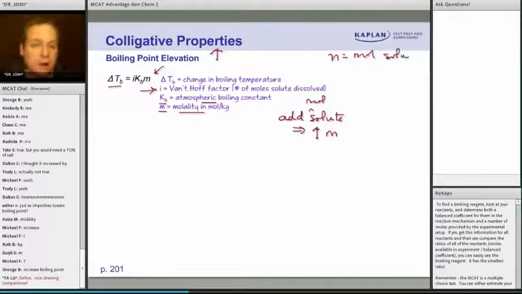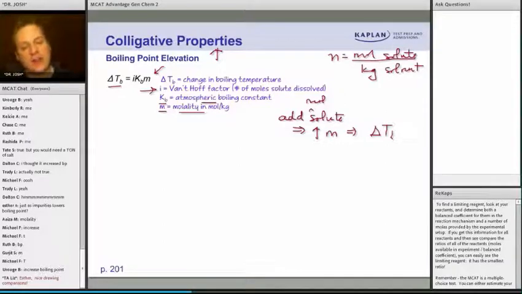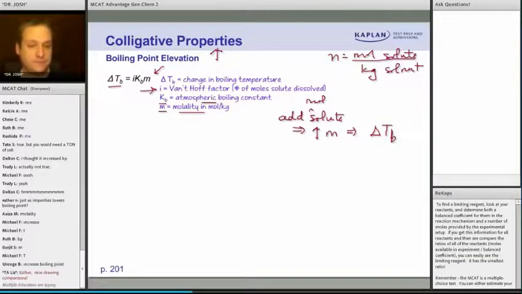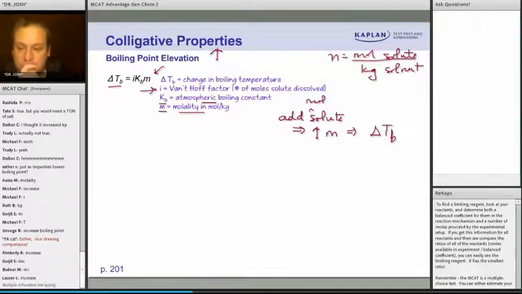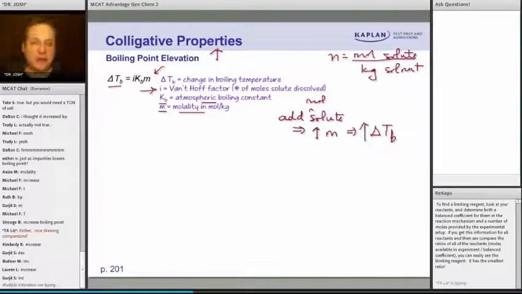Remember, molality is moles of solute divided by kilograms of solvent. So we increase molality. What's that going to do to the change in your boiling point? If you increase molality, if you add solute to it, it should increase the change even more. Increase m, increase the change. We have to remember that we increase the boiling point. There you go. Nicely done.